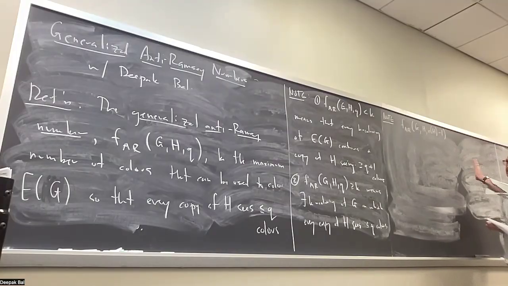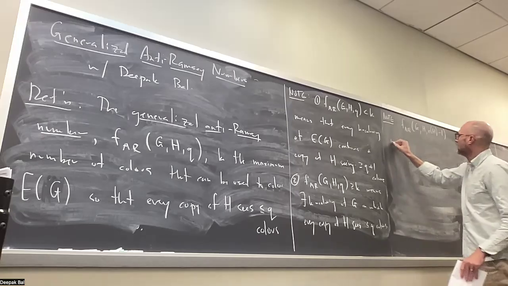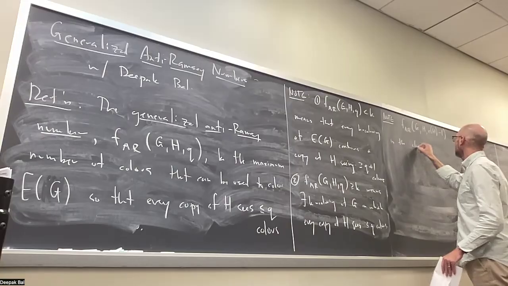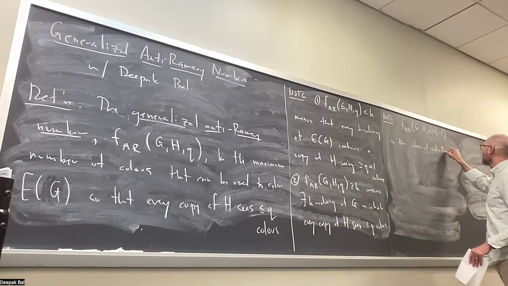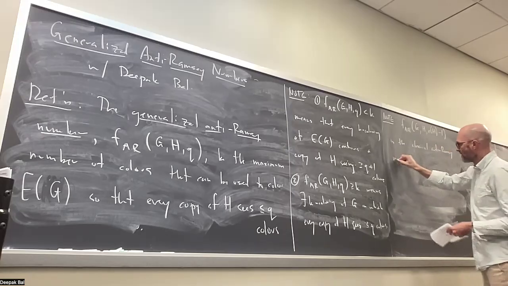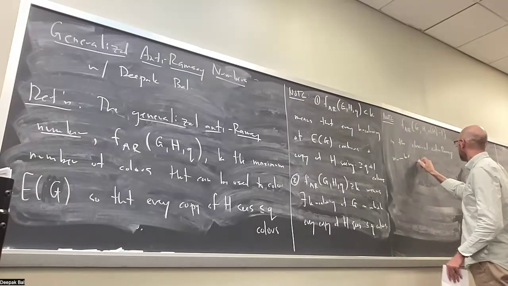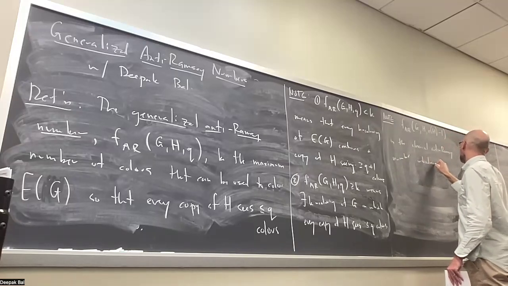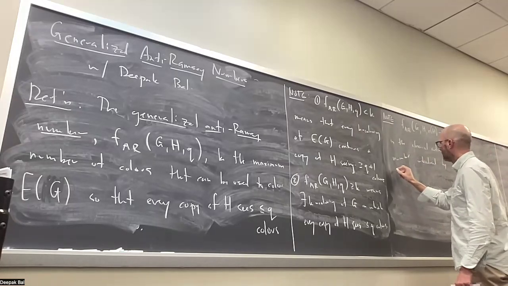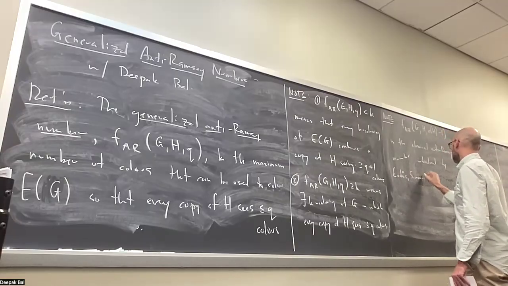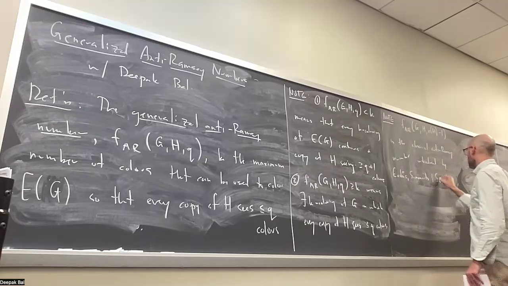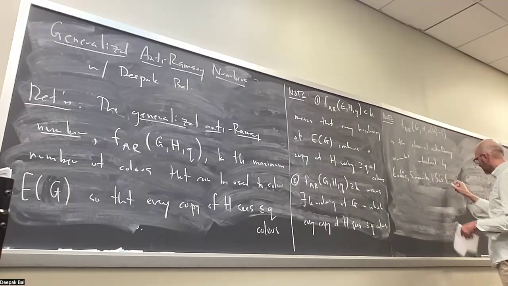The classical anti-Ramsey number has to do with Q equal to E of H minus 1. This is the classical anti-Ramsey number, introduced by Erdős, Simonovits and Sós in 1973, I think.